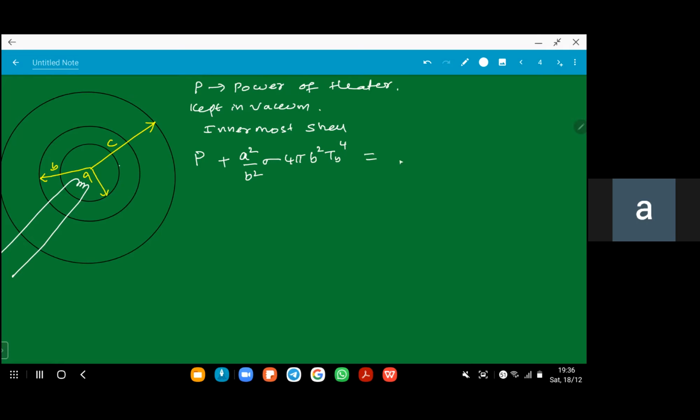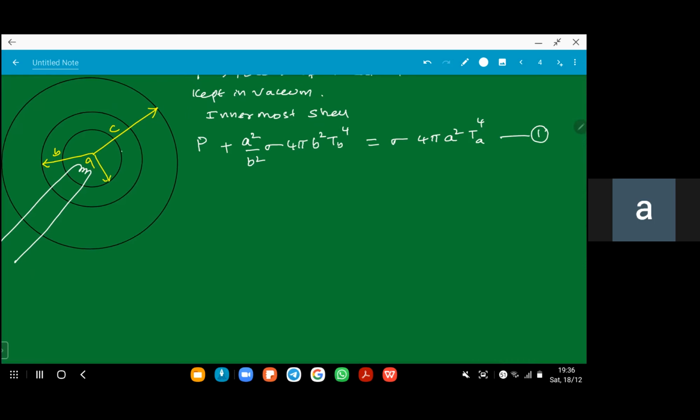And this is equal to sigma 4 pi A square TA power 4, equation 1. For the innermost shell, only one surface for the innermost shell. Don't take the inner side. So the radiation which you are measuring is the outside part. Next, the middle shell now.